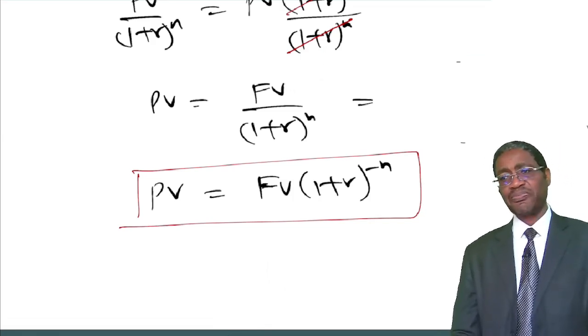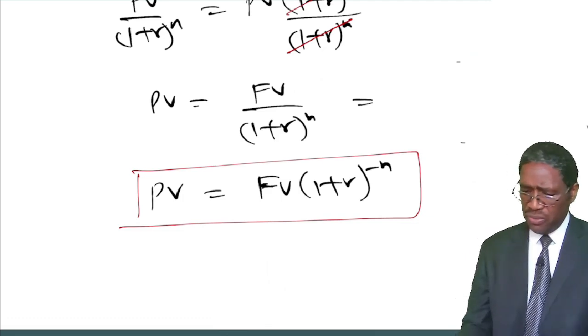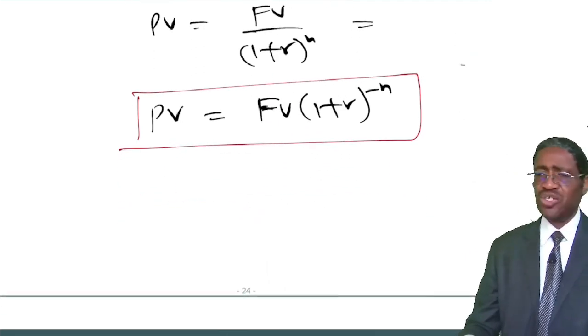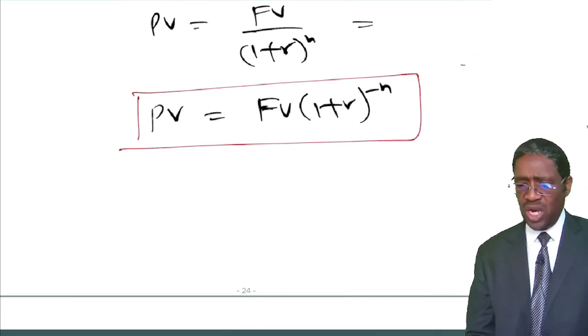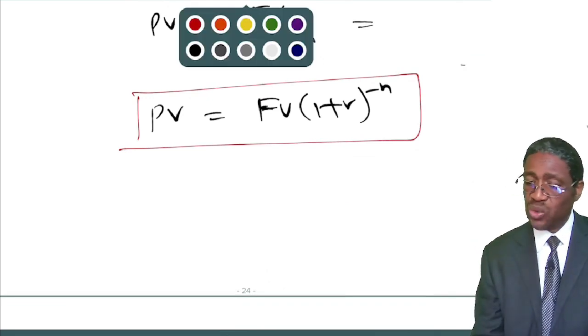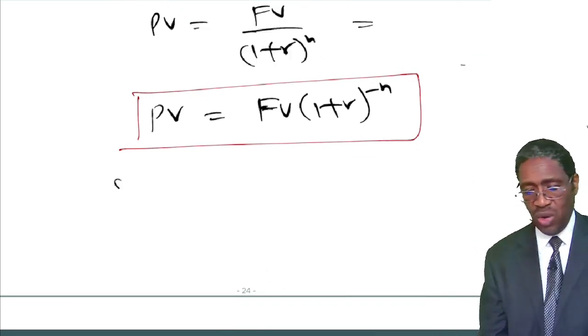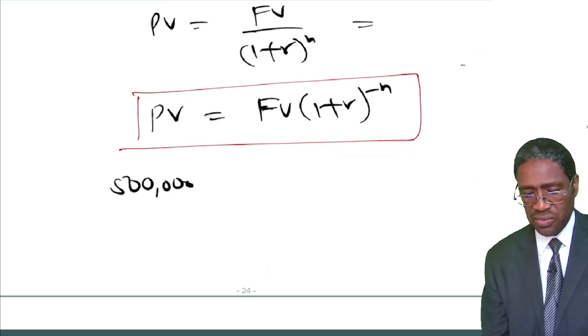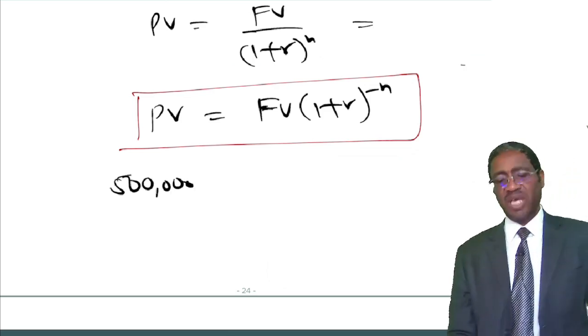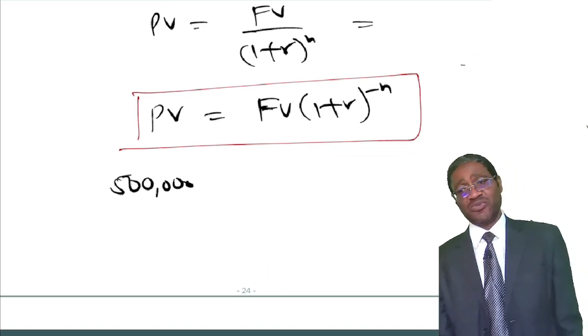Good. So, for example, let us assume that you, as an individual, want to get your 500,000 maybe 5 years from now.